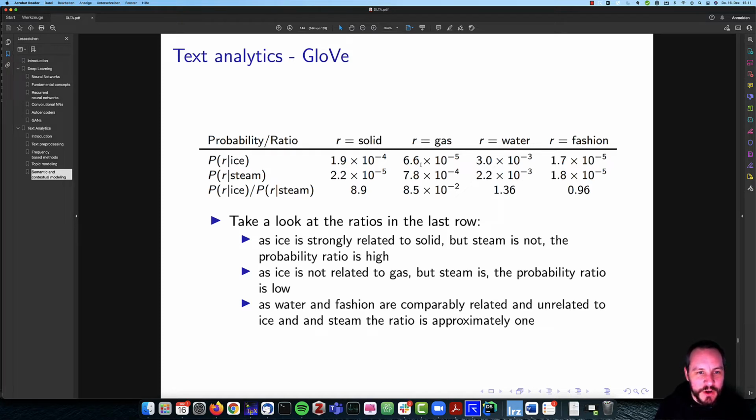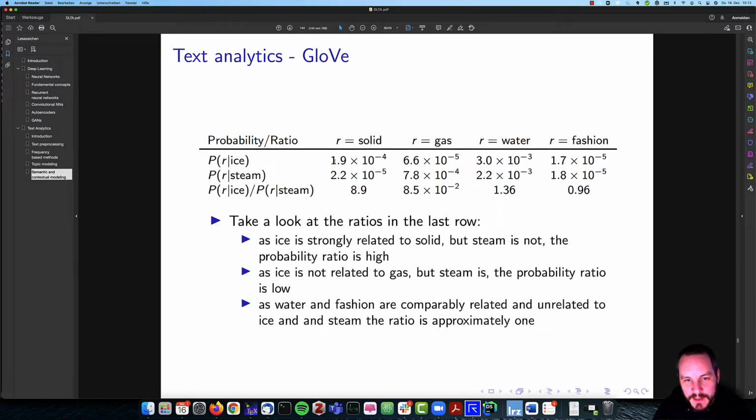Okay, so here, for instance, we take a look at the relative frequency of the word "solid" in the context of "ice", or rather the other way around: this is the probability of the word "ice" in the context of "solid", and this is the probability of the word "steam" in the context of "solid". This is from a true example from a big, large corpus with a lot of text in it.